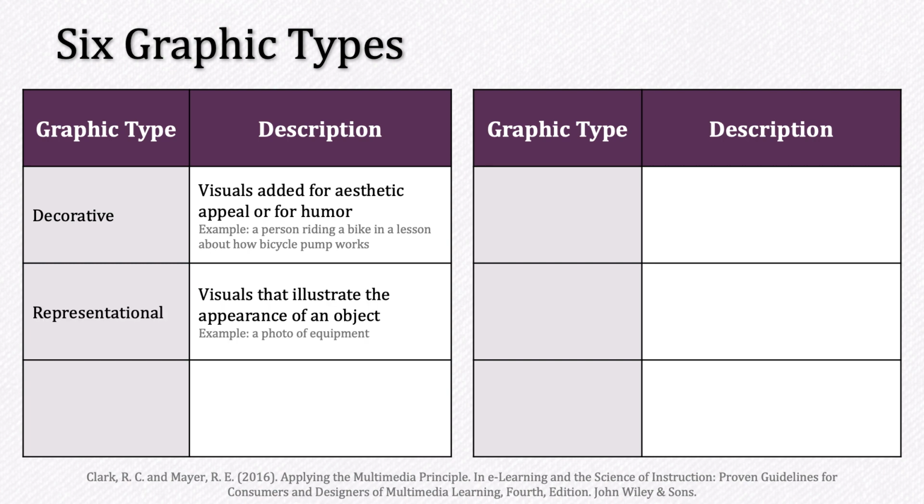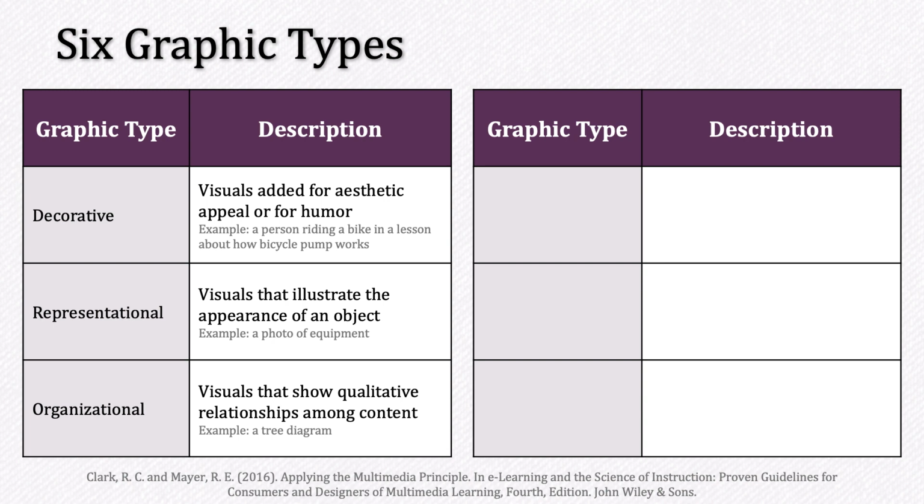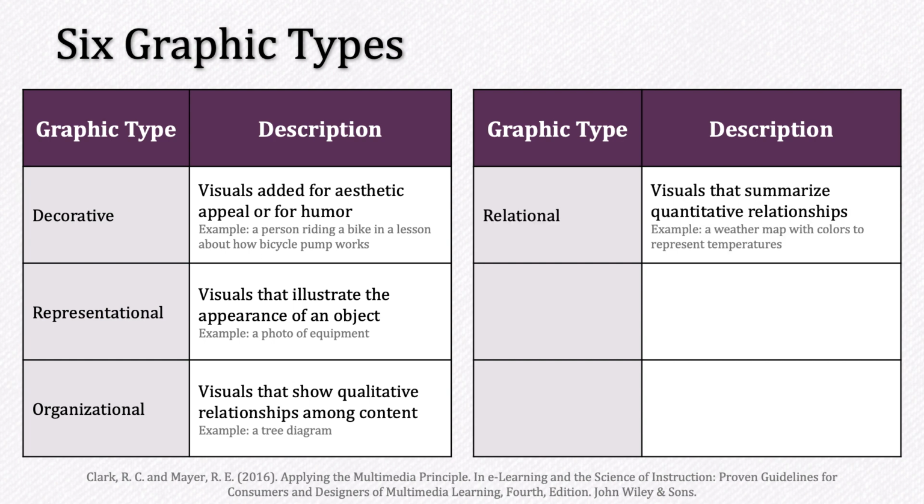The second graphic type is representational, and these are visuals that illustrate the appearance of an object, such as a photo of equipment. The third graphic type is organizational, and these are visuals that show qualitative relationships among content, such as a tree diagram. The fourth graphic type is relational, and these are visuals that summarize quantitative relationships.